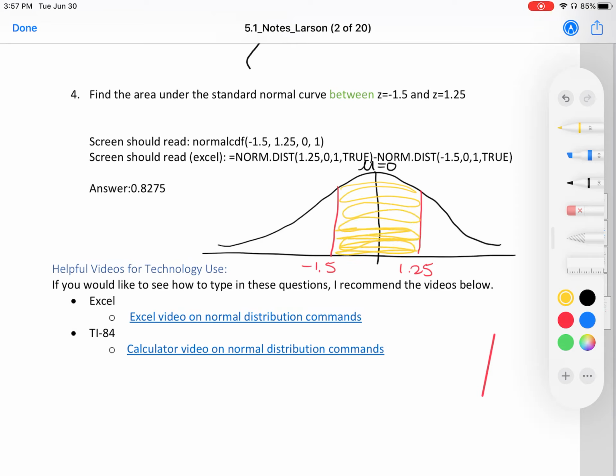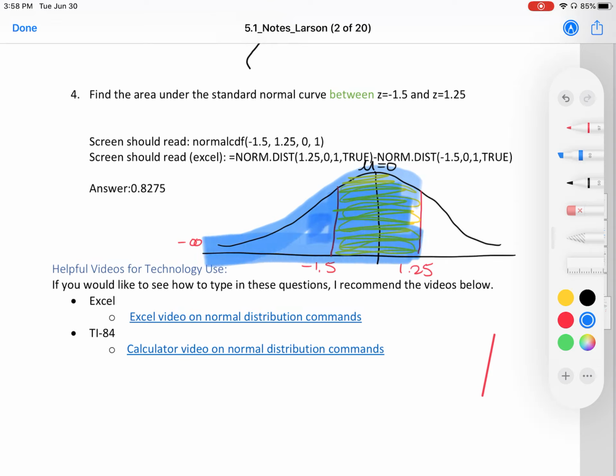Now keep in mind that our commands only work from negative infinity to a stopping point. So we're going to have to be clever about this. So why don't we do it this way? Why don't we first find the area from the larger point to the end of negative infinity, and then let's subtract the value from the smaller end.